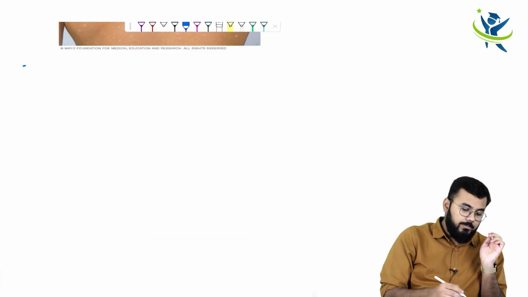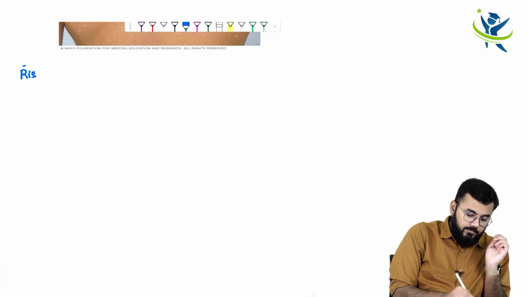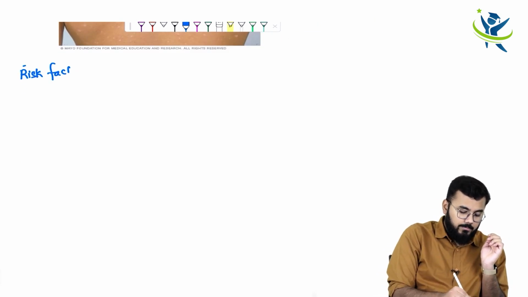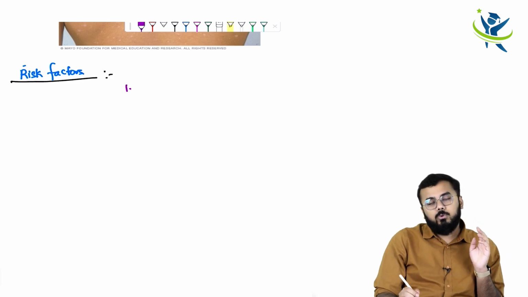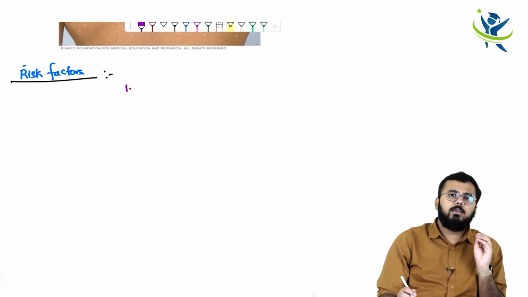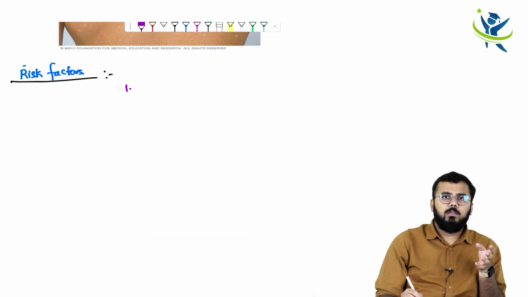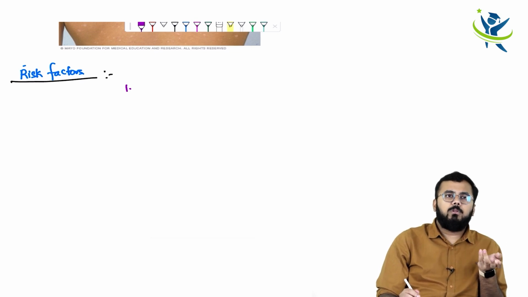So which group of people will be affected? What are the risk factors? Let us now discuss the risk factors. Those group of people who are living in hot and humid weather, and those who are all the time having sweat on their body, the fungi grow very well on them.